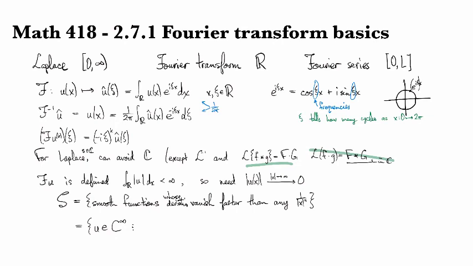So all of the smooth functions have the property that if I take any derivative, like the kth derivative for any k, then this is going to be bounded by some constant times 1 over x to the n as x gets large. This is for any derivative of u, including the 0th, which is u itself, and for any integer n.